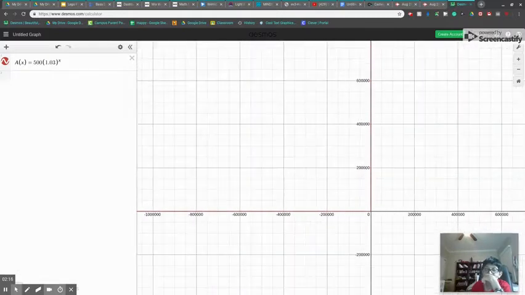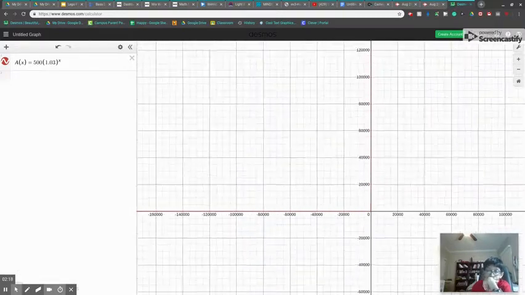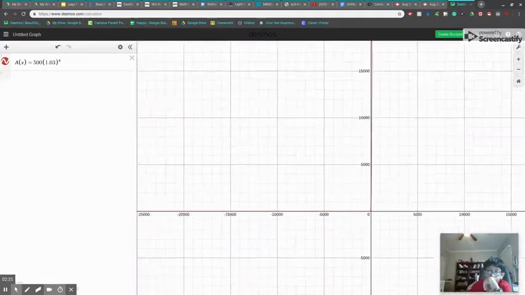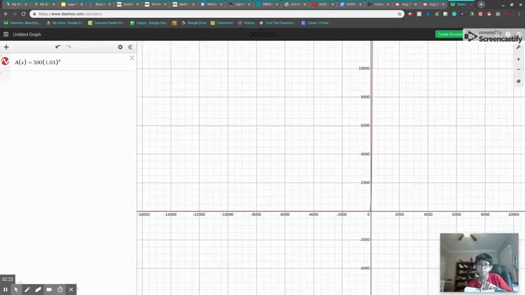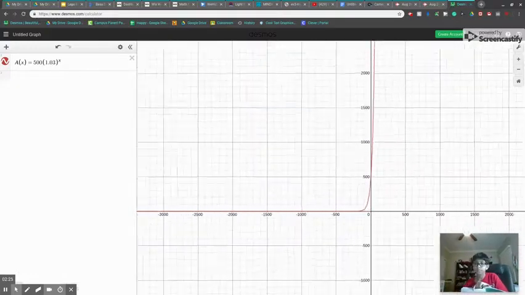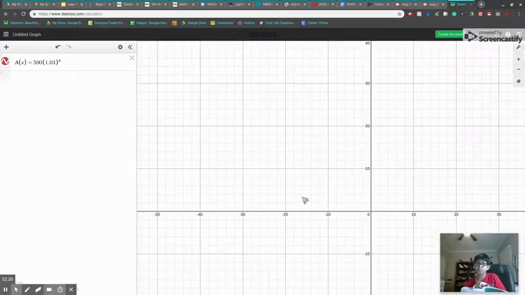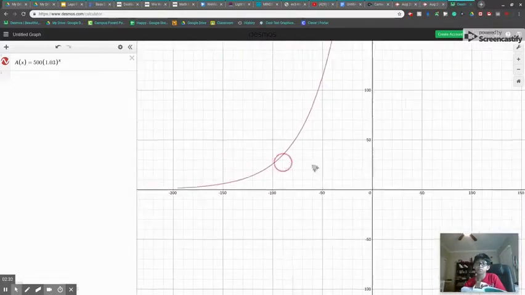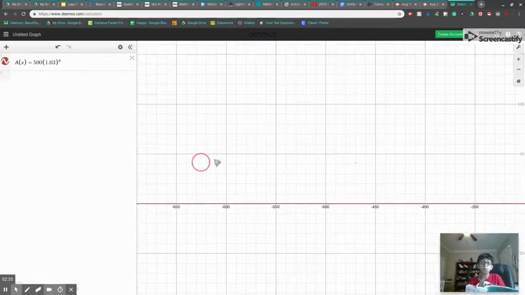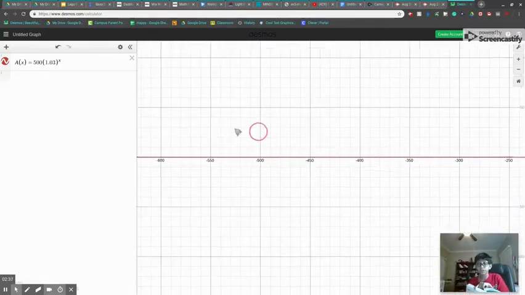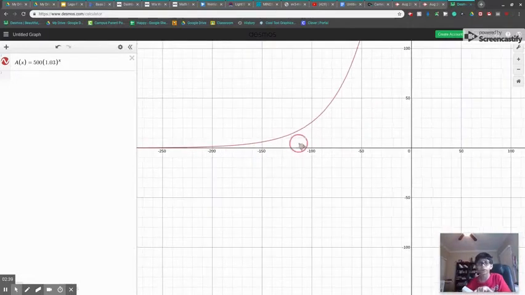Technically, it goes on forever, but it looks like it's trying to reach 0, but it's never going to. So maybe an absolute minimum. Number 3 is confusing.